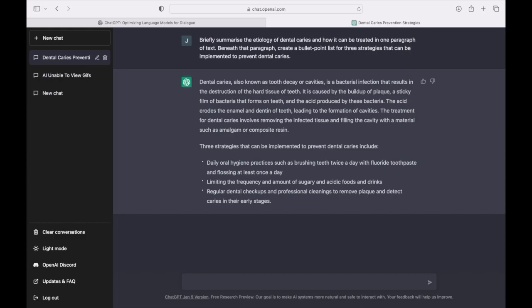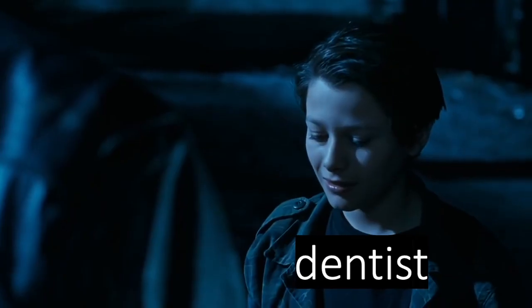Regular dental checkups and professional cleanings to remove plaque and detect caries in their early stages. Yes and no. Going to the dentist regularly would indeed be a good strategy, but professional cleanings to remove plaque? Nah, that's not going to stop dental caries anytime soon, Sonny Jim. But yeah, we are most certainly off to a good start.